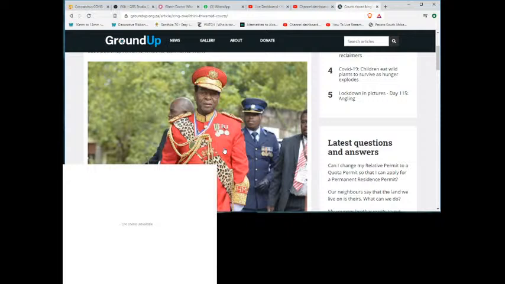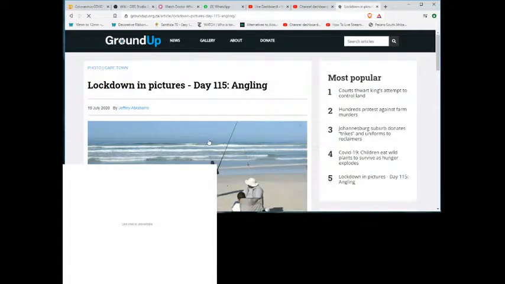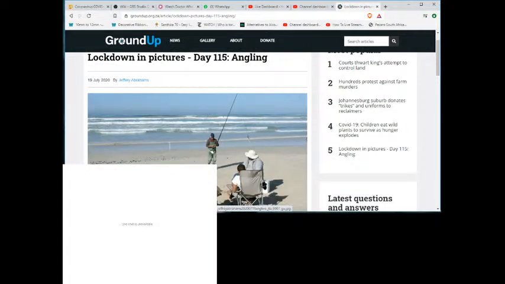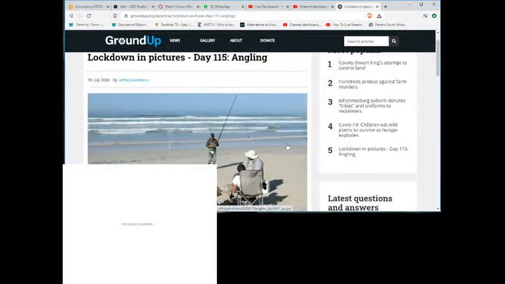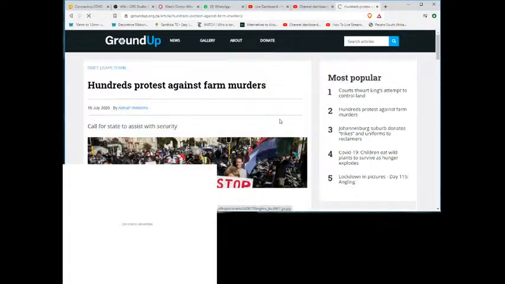Again, people at work. This lockdown in pictures, day 115, angling. That's people at work. They're not in a factory or whatever, but they are at work. Let's see, hundreds protest against farm murders.